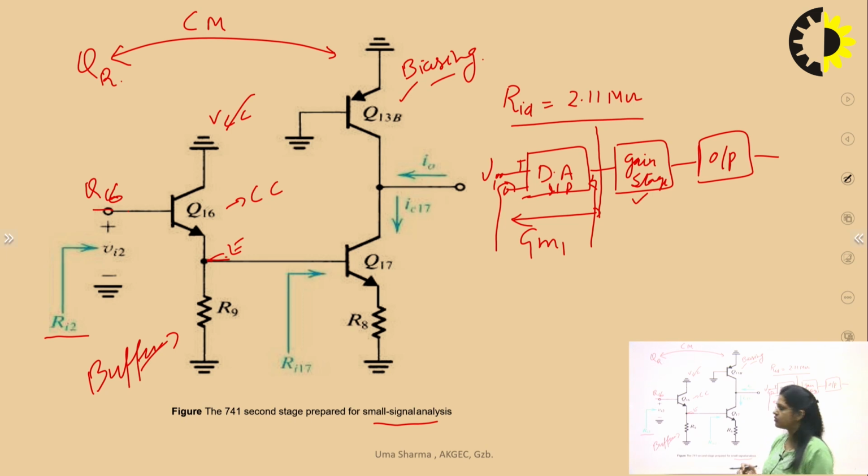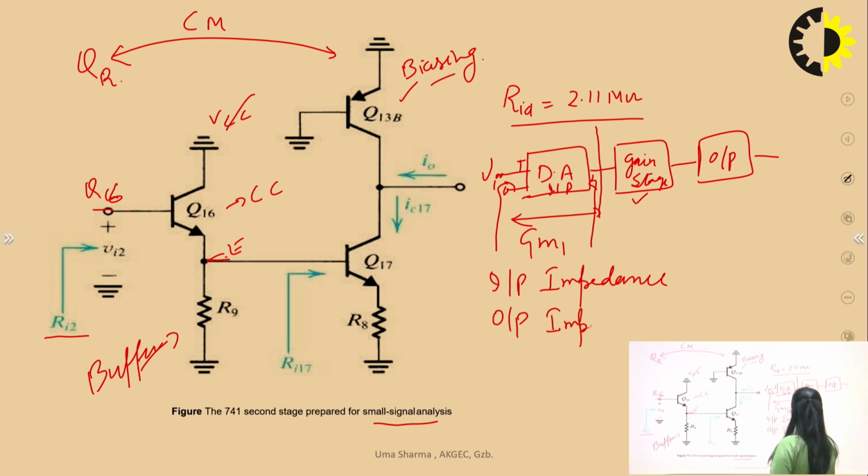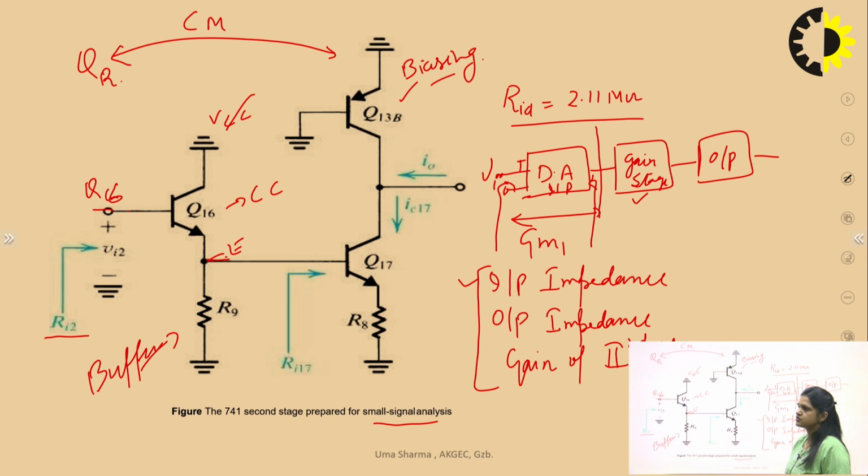So now the objective is to calculate the input impedance, output impedance and gain of the second stage. One by one we will calculate these parameters, starting with the input impedance of this second stage.